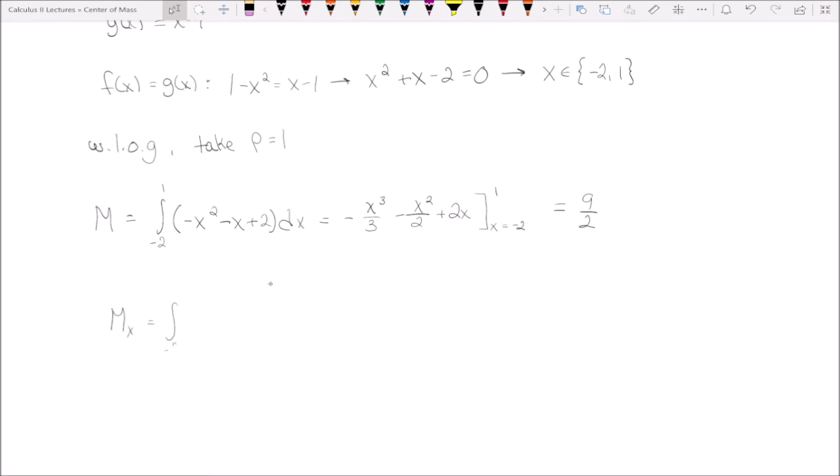X moment will be the integral from negative 2 to 1 of f of x squared minus g of x squared. And it should be a half that, right? So 1/2 the integral from negative 2 to 1 of 1 minus 2x squared plus x to the 4th minus x squared plus 2x minus 1 dx.